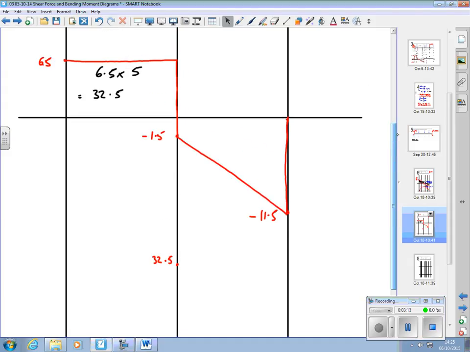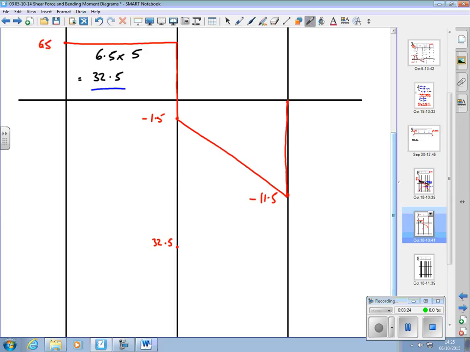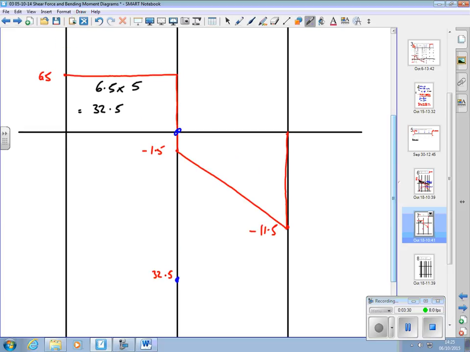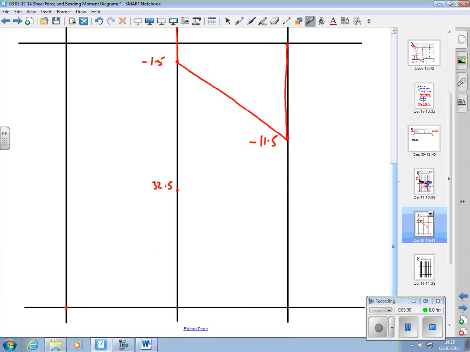The area under the curve, under the shear diagram, is 32.5. So by the time I get to this point on the beam, I'm at 32.5. How do I get there? What does the line look like on the bending moment diagram between those 2 points? Alex? Yes.